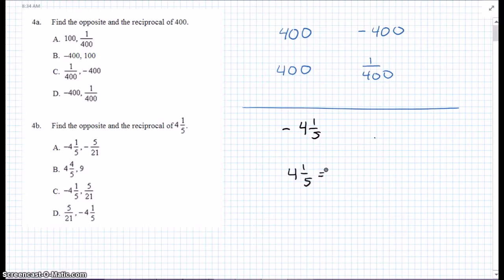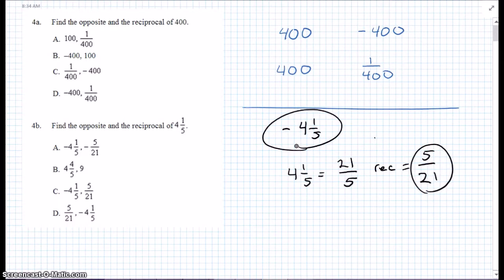First, let's set up the fraction. 5 times 4 is 20. 20 plus 1 is 21. 21 over 5. So the reciprocal is just 5 over 21. So the answer would be C.